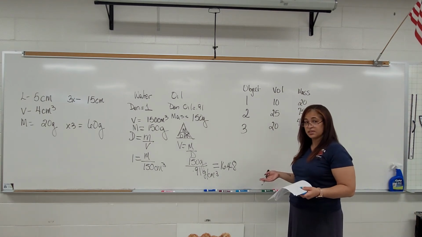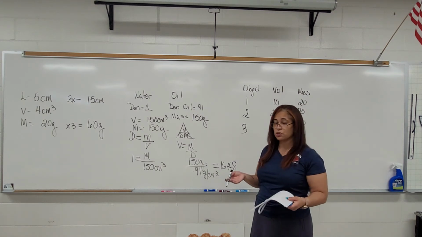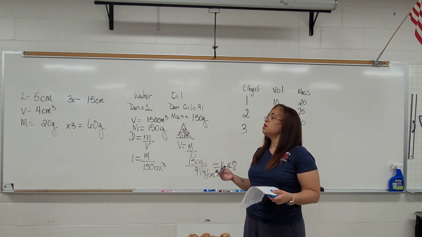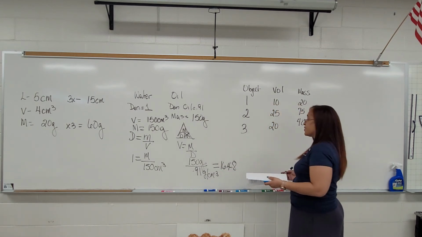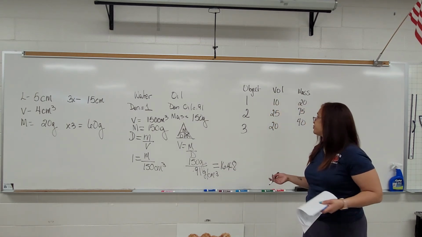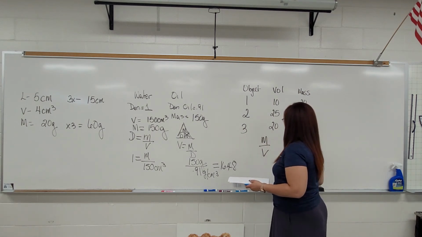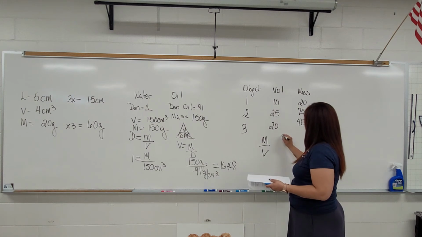What we know is density is a characteristic property of a substance. No matter how much or how little of a substance you have, the density will never change. So all we have to do is calculate the density of all 3 objects, mass divided by volume. For object 1, it's 20 over 10.